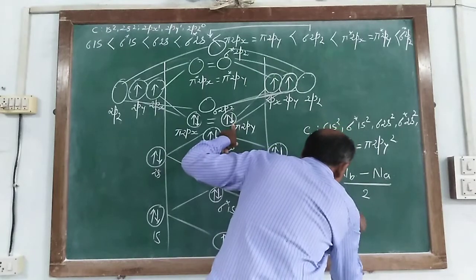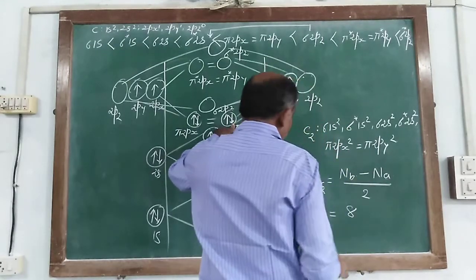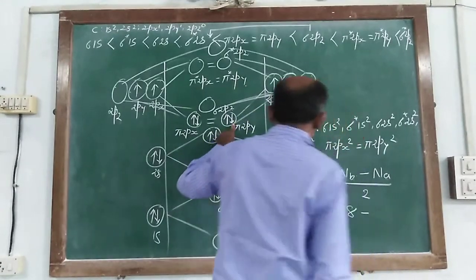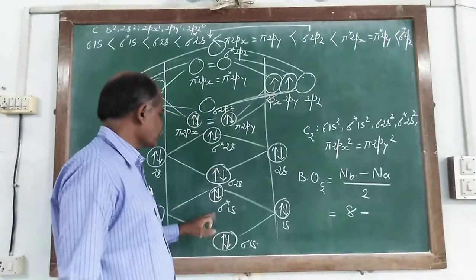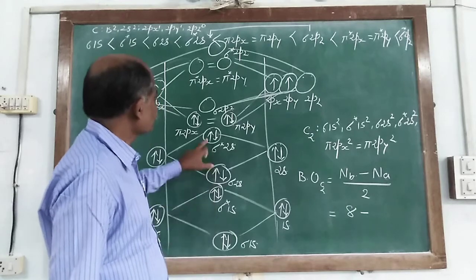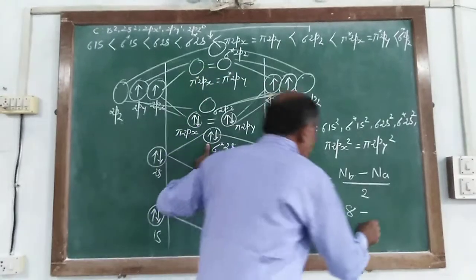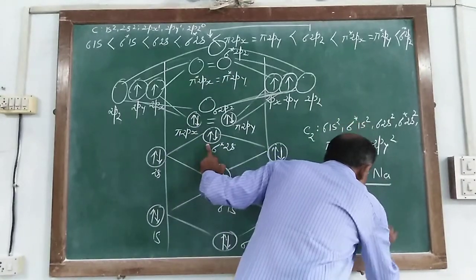So Nb is equal to 8, minus the electrons in anti-bonding molecular orbitals, 2 plus 2 is equal to 4, divided by 2.